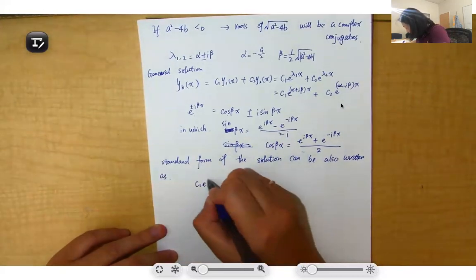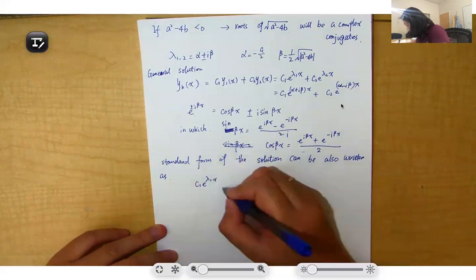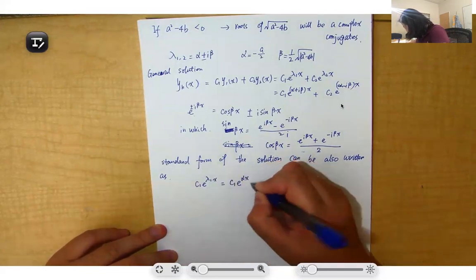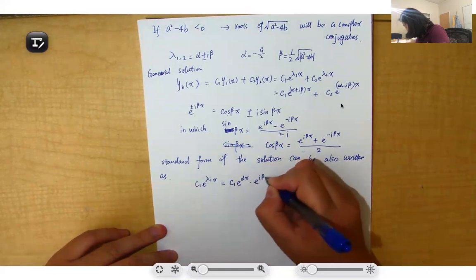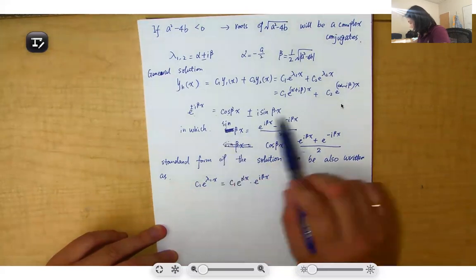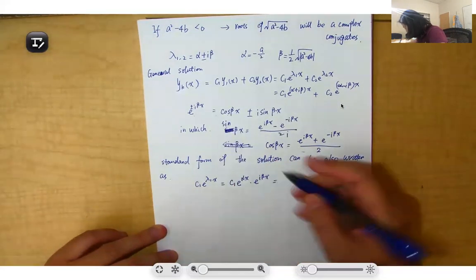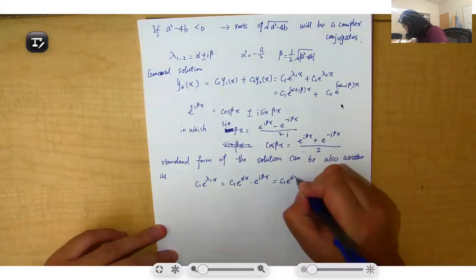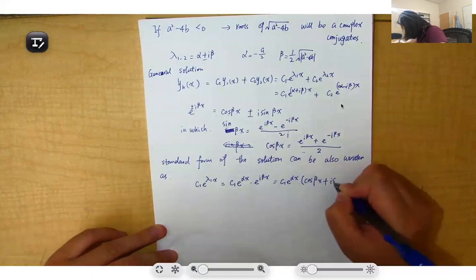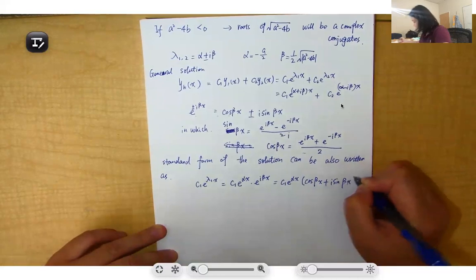C1 e to the lambda 1 x equals C1 e to the alpha x times e to the i beta x, and e to the i beta x equals cosine beta x plus i sine beta x.